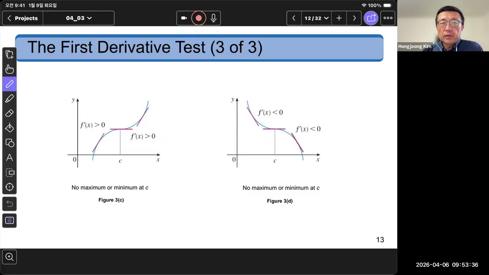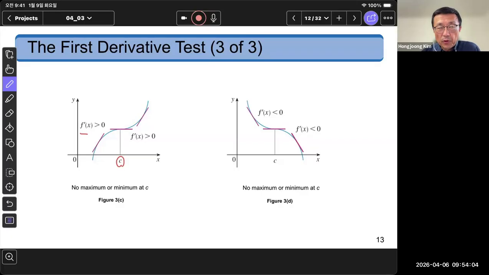But there may be some situations as in figure 3C or 3D where f prime does not change sign to the left or to the right of a certain point. Say here in C, to the left, f prime is positive. To the right, f prime is also positive. So f prime does not change sign.